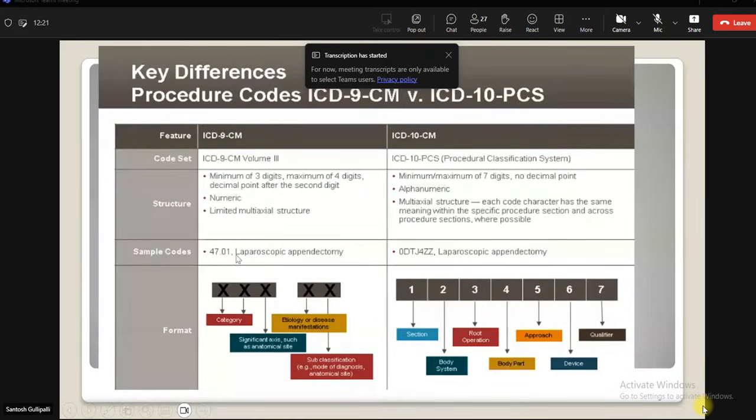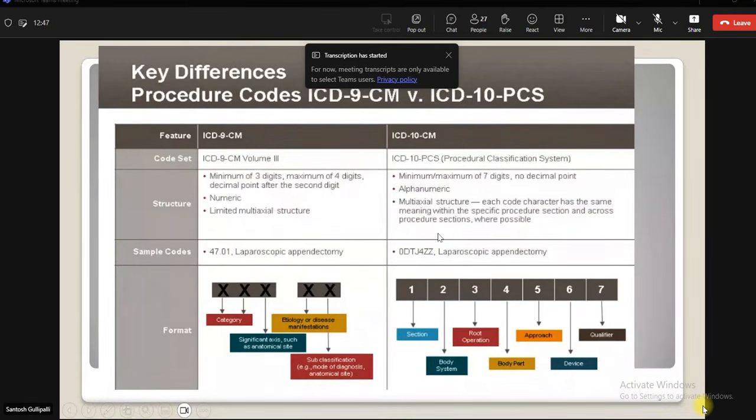In ICD-10 PCS, the laparoscopic appendectomy code is 0DTJ4ZZ. This is the variation between ICD-9 CM and ICD-10 PCS. This is not necessary for you.